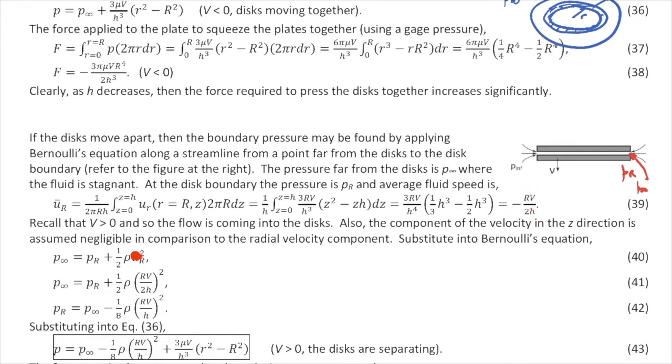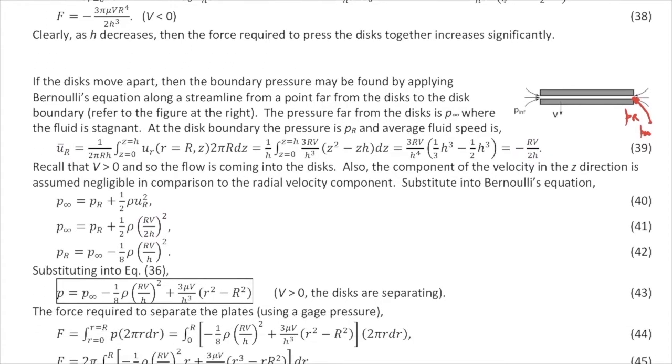So here's Bernoulli's equation. The point way out here, the pressure is P infinity. The velocity is, of course, 0. And then here's the point right at the edge. Pressure there is P sub r. The dynamic pressure there is 1/2 rho velocity squared. This is the velocity at the radius r, and I'm using just the average velocity, so that's been substituted in.